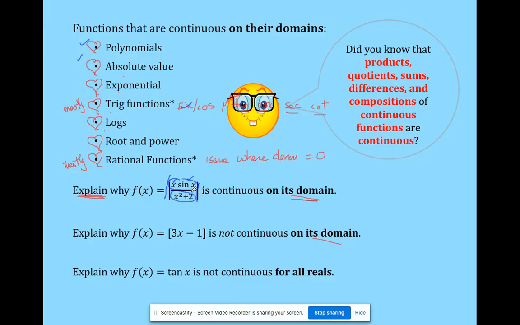Then I have another polynomial, which is continuous. Although I have a rational function, my only issue is where the denominator is equal to 0, but x squared plus 2 is a parabola that opens up and is above the x-axis, therefore never equal to 0, and that's why this function is continuous on its domain, because all pieces of that function are continuous.